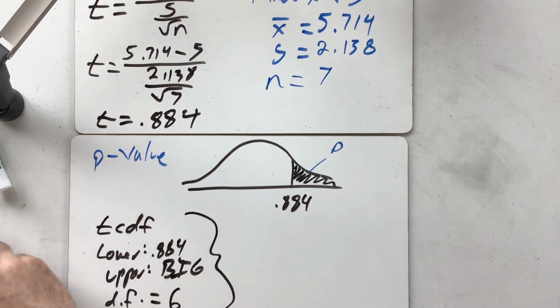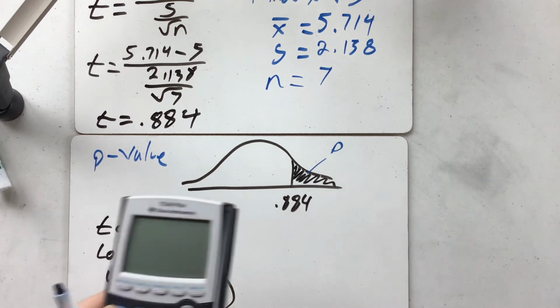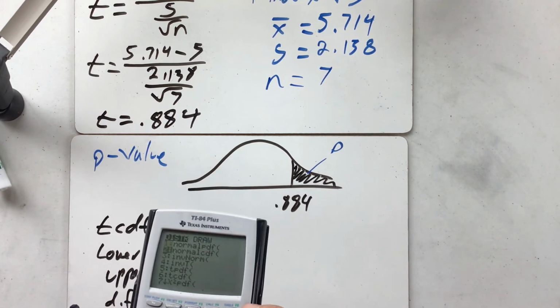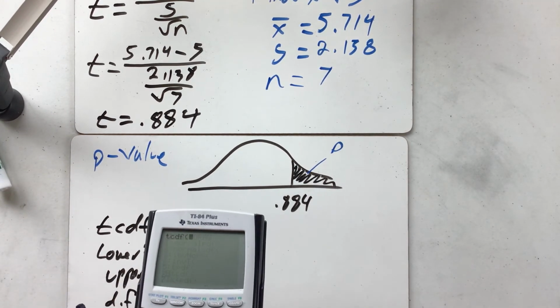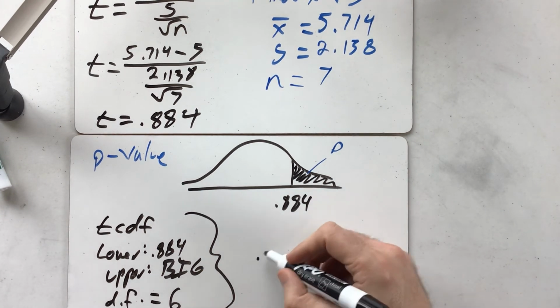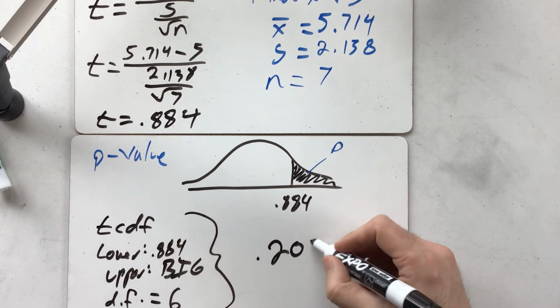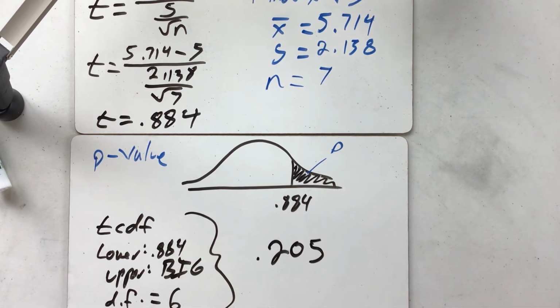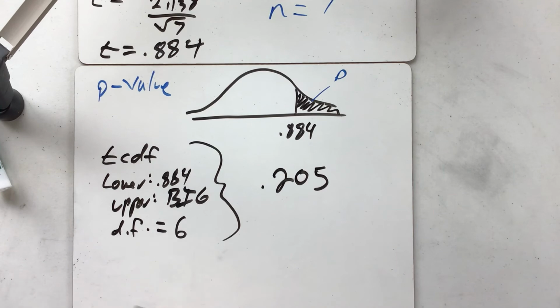I'm going to go to second distribution, come down to t CDF, and type all my stuff in, 0.884. Hit enter, and I got 0.205 for my results.